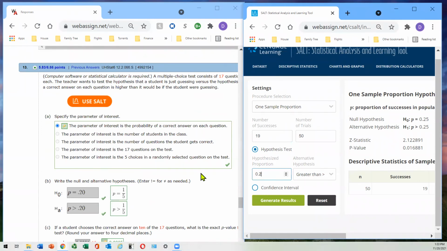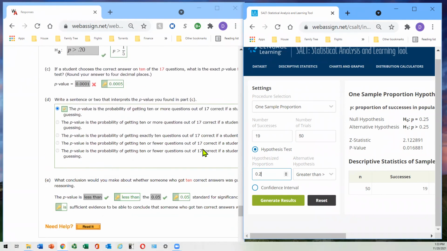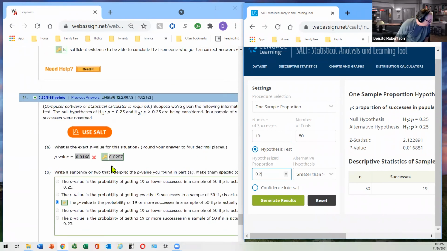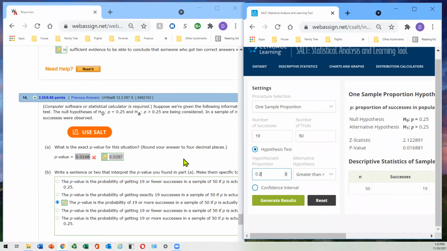Oh, not 13? No. The answer I gave you, 0.0287, was for question 14, although question 13 has the same problem. It doesn't give the correct answer. So if you get 0.0287, yes, that's the correct answer.